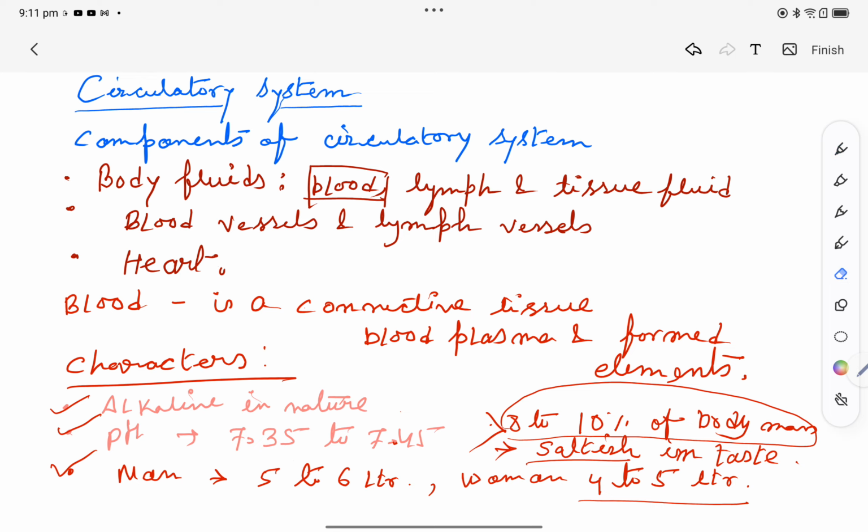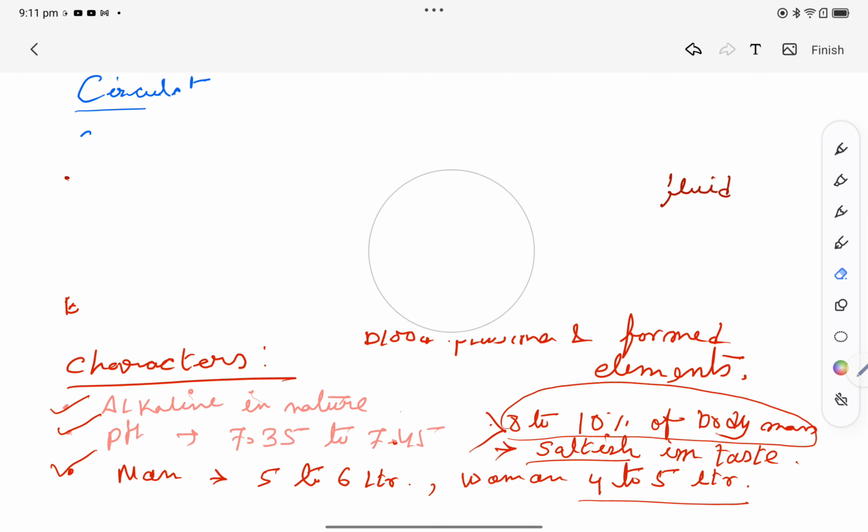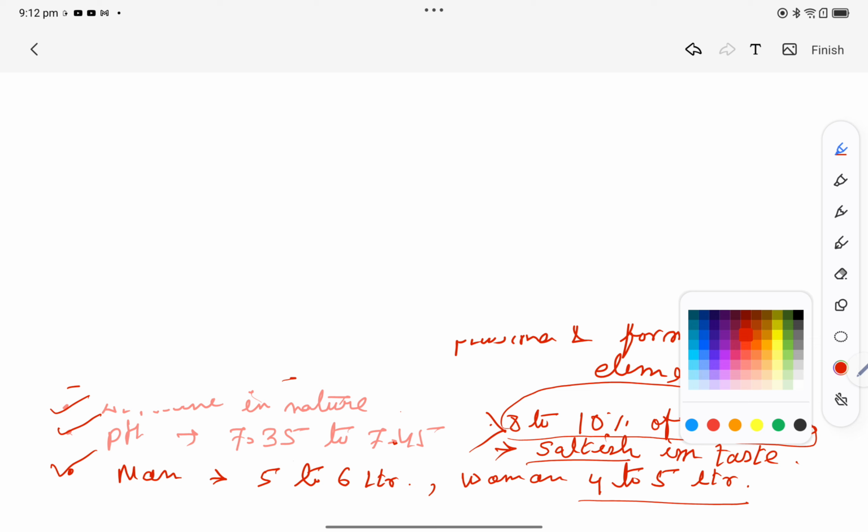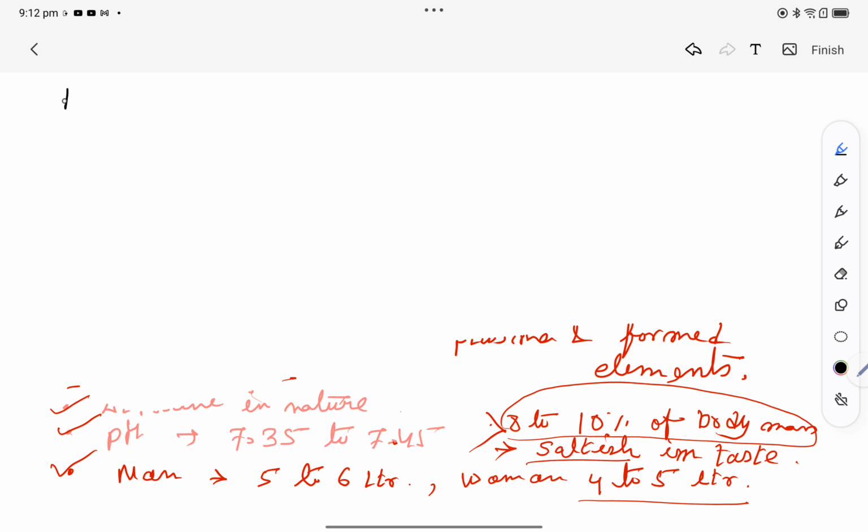Fine. Now we are going to learn about the functions of blood. We all know that blood is very important for us, right? So first is transportation.